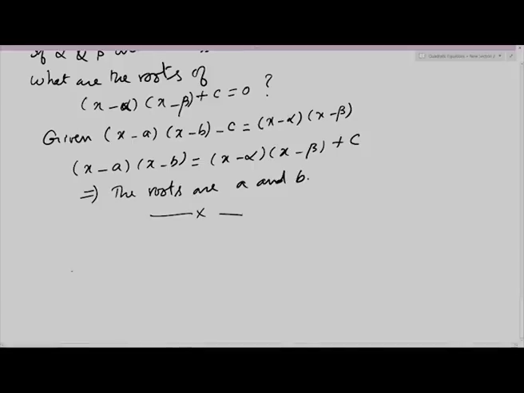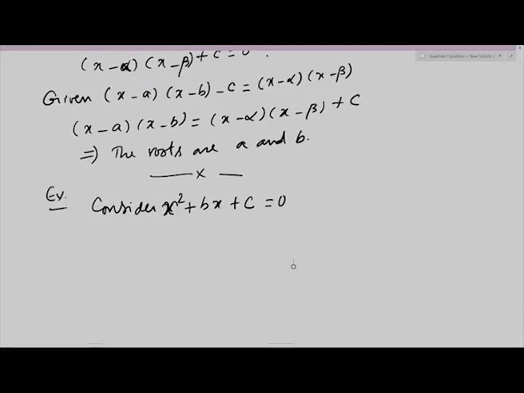Now, in the same way I can consider one more problem. Consider this equation: x square plus bx plus c is equal to 0.